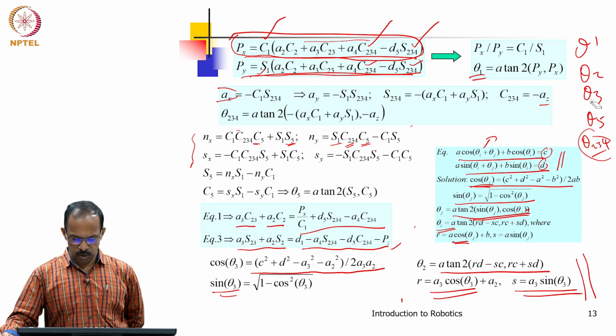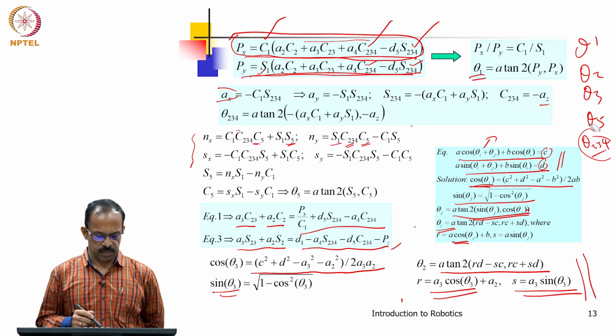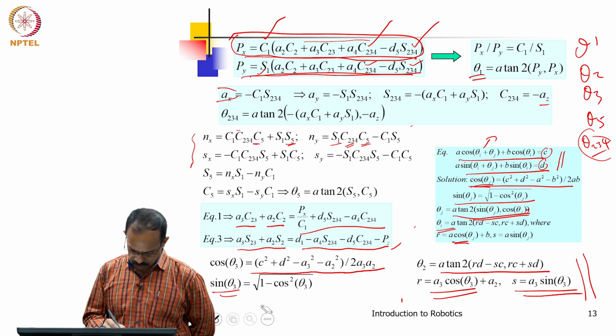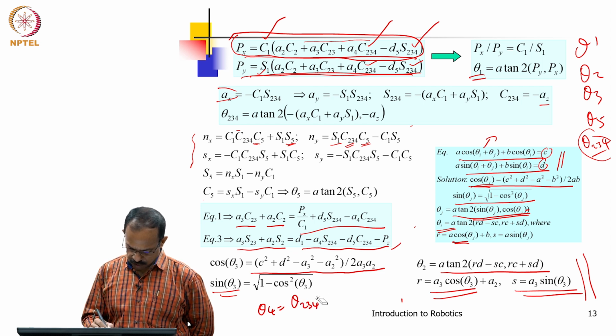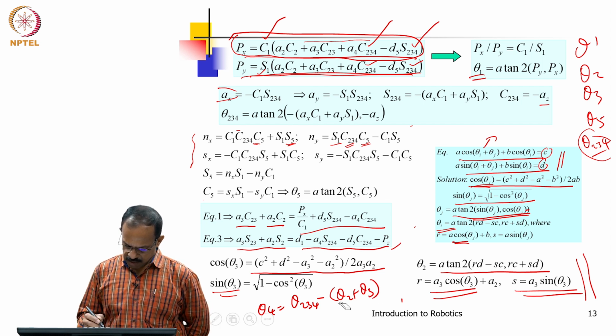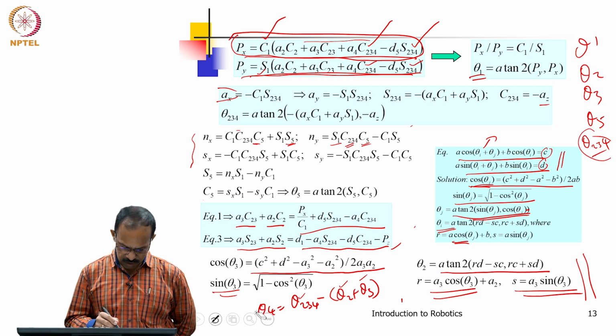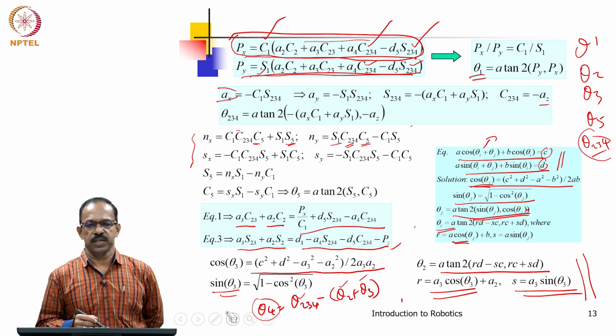So, that is the way how you can get theta 4. So, theta 4 is theta 234 minus theta 2 plus theta 3, because we have solved for theta 2, theta 3, and we know theta 234 also, and therefore theta 4 also can be obtained.